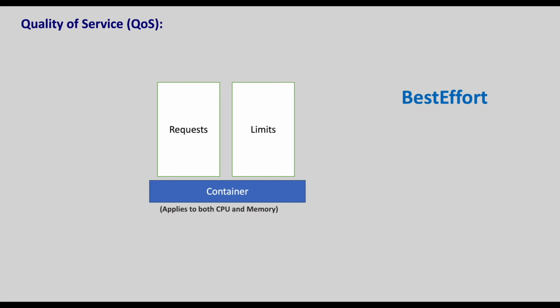And as we are not giving any resources, when other pods need more CPU or memory, this pod might not get any resources. And when no other pod is deployed onto the node, this pod can use as many resources as it needs. So if Kubernetes needs to decide which pods to kill, it deletes the pods with the best effort quality of service class. Because when we don't set requests and limits, Kubernetes assumes that we are not much bothered about this pod and it can kill these pods when there is a need.